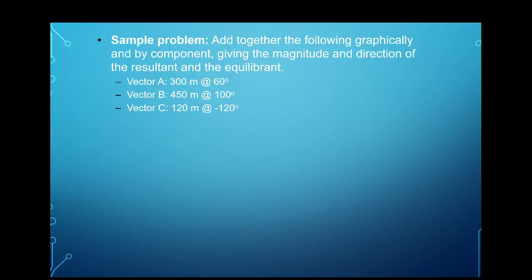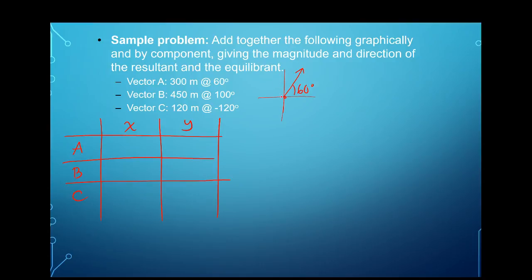So first of all, it's a good idea to set up a table of values for the x and y components. So we can take A and B and also C and break them up into components, okay? It's probably best to sketch this out. So this is going to be vector A, and we'll do this more carefully on the next slide, but that's at 60 degrees.